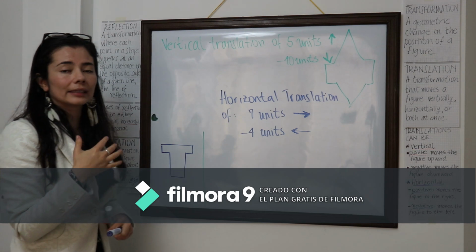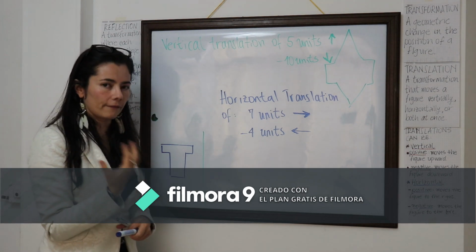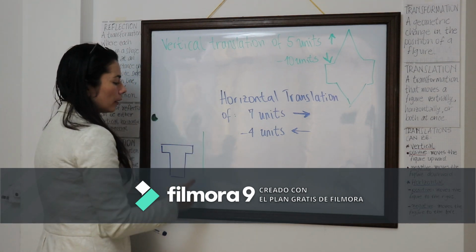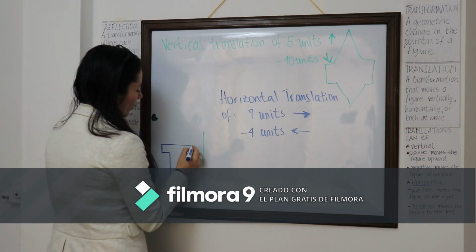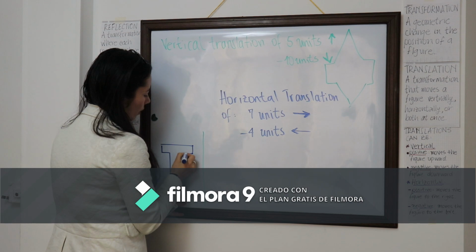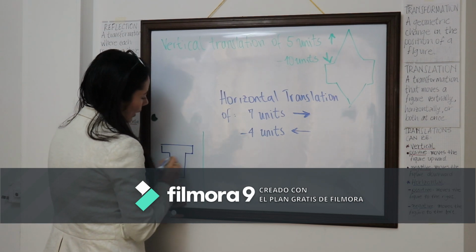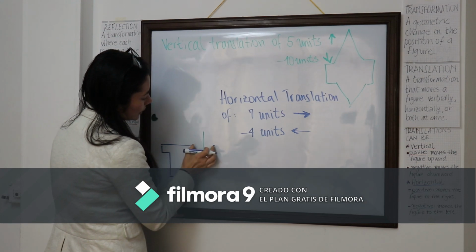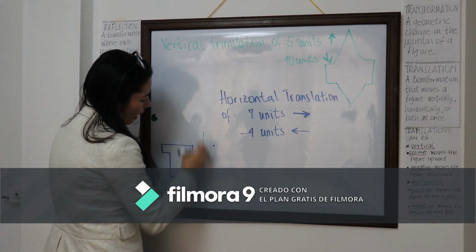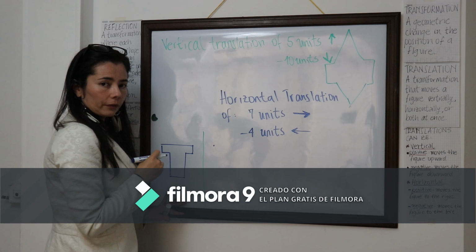What we call that is actually the mirror effect, because the line actually works as a mirror. And what I want to do is that I'm going to look for each one of the points over here, and that each point is going to be at the same distance in regards of the line of reflection.